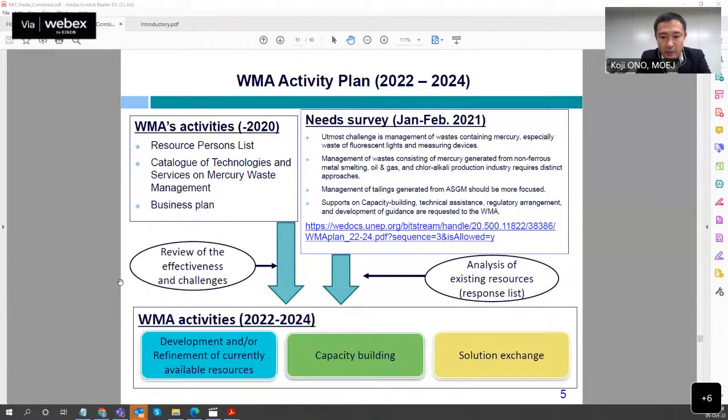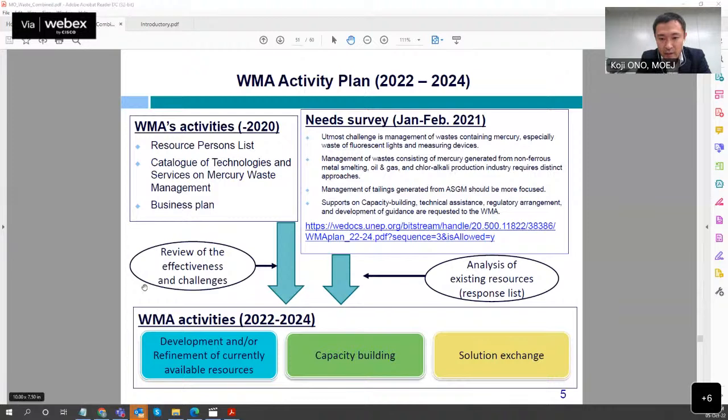And we are developing a 3-year activity plan for 2022 to 2024. According to the needs survey conducted in 2021, we found there were a bunch of challenges among our partners for environmentally sound management of mercury waste. For example, the most challenging is management of wastes containing mercury, especially waste of fluorescent lights and measuring devices.